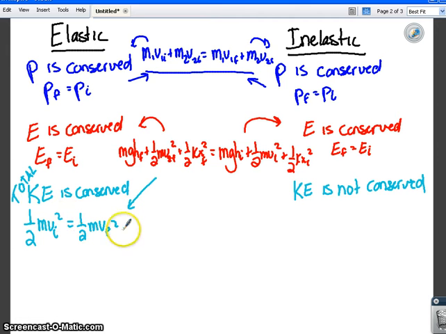So this might look also like this: 1/2 m1 v1 squared plus 1/2 m2 v2 squared, and that's going to equal 1/2 m1 v1 final squared plus 1/2 m2 v2 final squared.